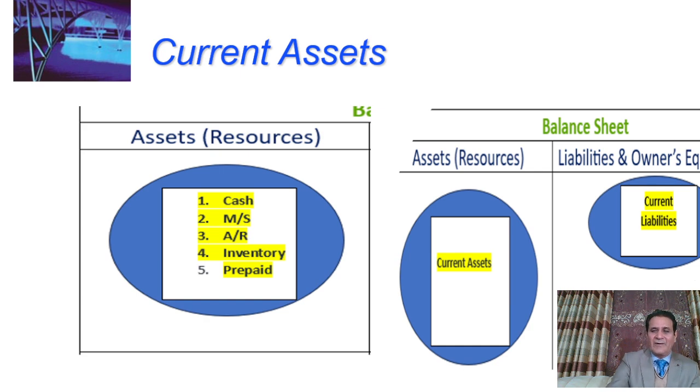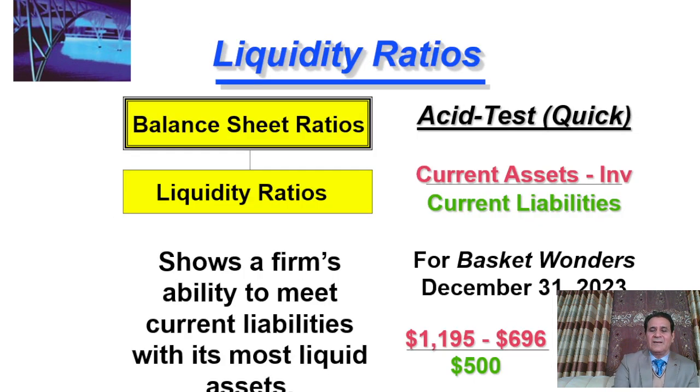So for the asset test, we deduct the inventories from the current assets and calculate the ratio. It gives the ability to meet the current liabilities with the most liquid assets, because only the inventory is less liquid compared to the others.